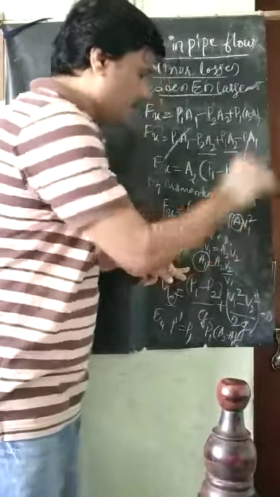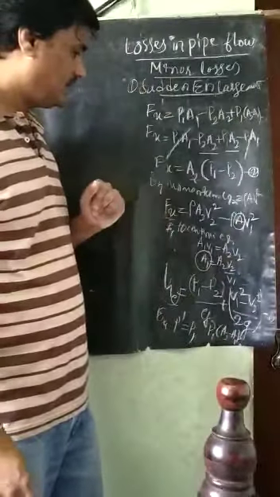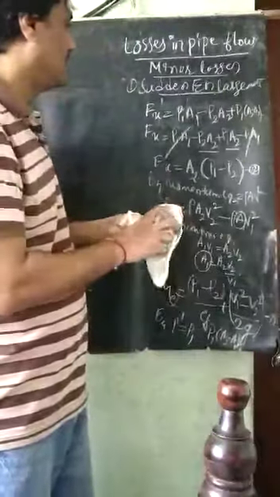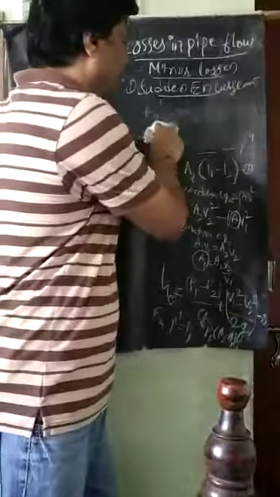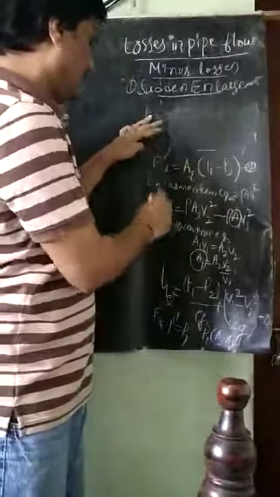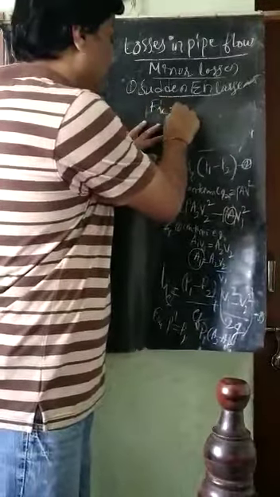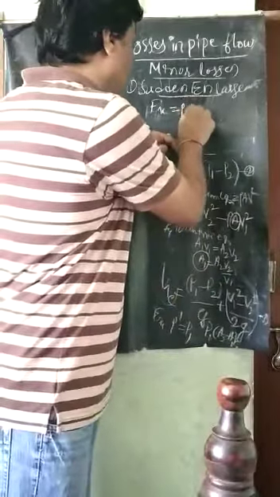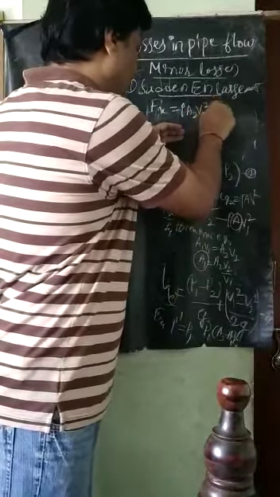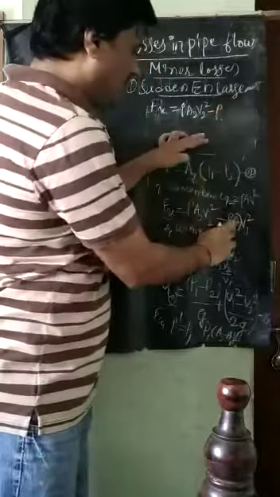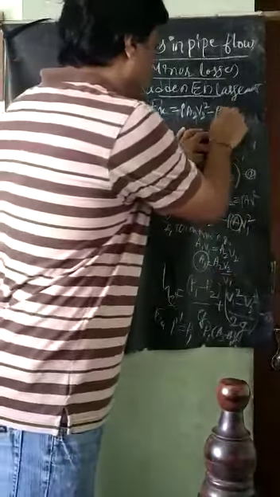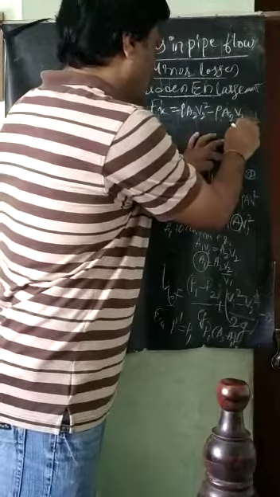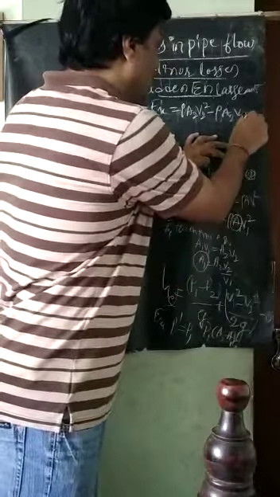Then Fx is equal to rho A2 V2 square minus rho, and this A1 I will replace with A2 V2 divided by V1. Already V1 square is there.